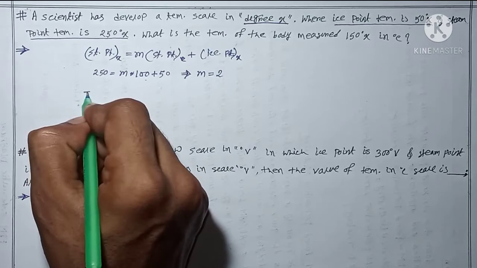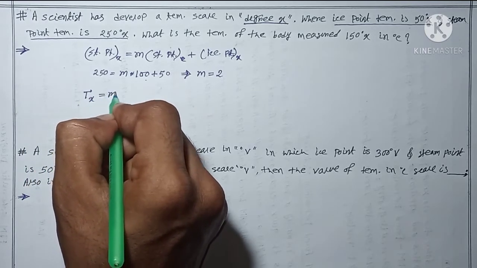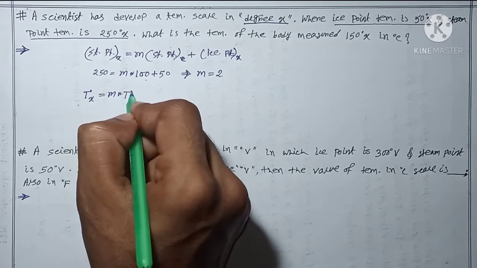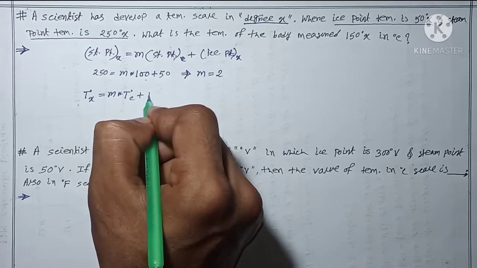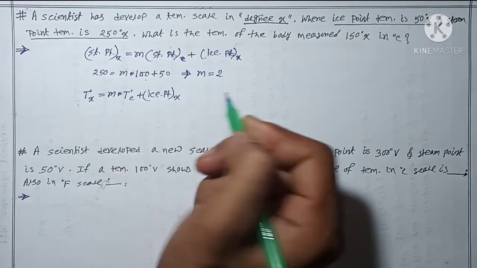Now we know T degree in X scale is equal to m into T degree in Celsius scale plus ice point in X scale.